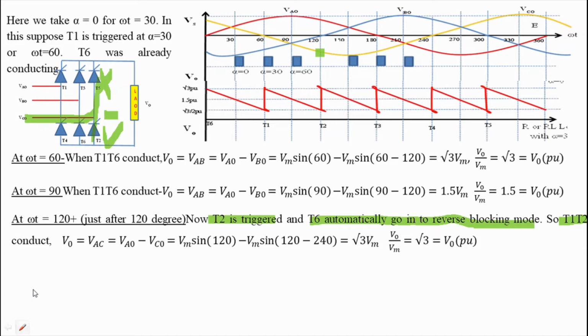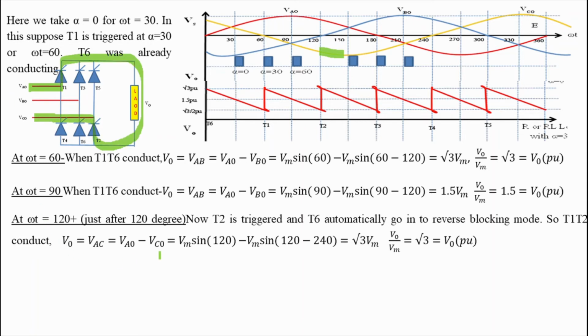So here, after 120 degree, T1 T2 will conduct. So when T1 T2 conduct, T1 and this is T2, we get V0 equal to Va0 minus Vc0, that is Vm sin 120 degree minus Vm sin (120 minus 240 degree), because here omega t is 120 degree.